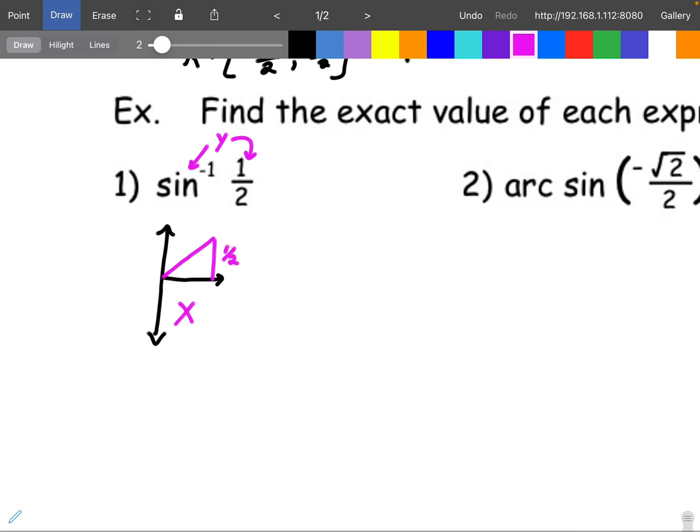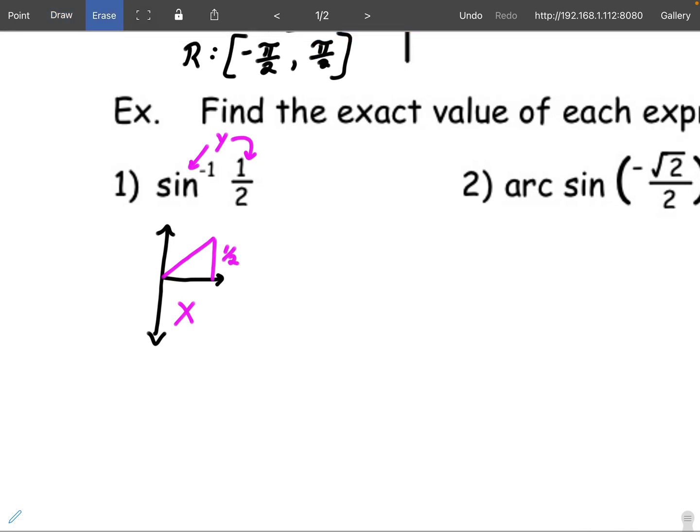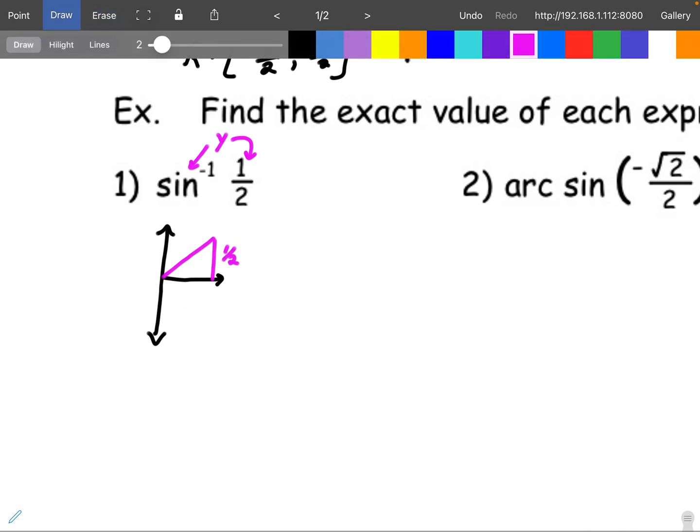So if the y value is 1/2, so that goes on the vertical component, then think back to your unit circle. The other value that went with 1/2 was √3/2.